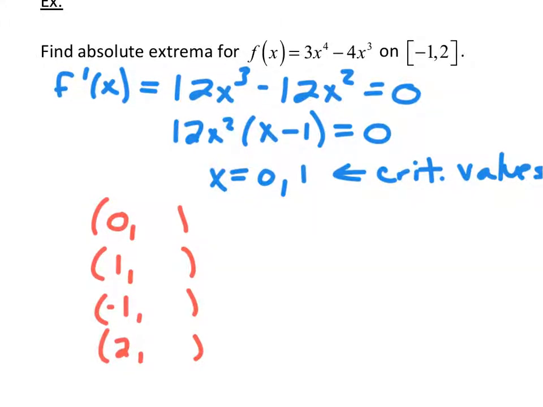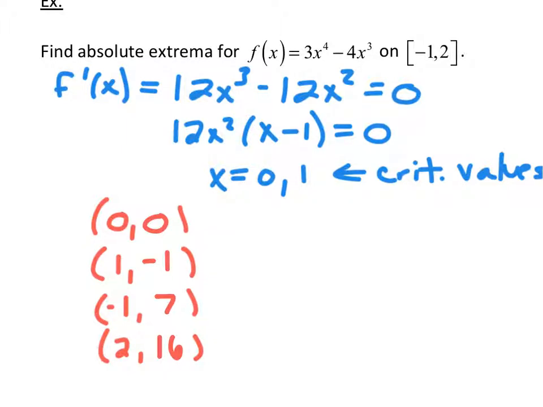Well, if I take 0 and plug that into f of x, I end up with 0 minus 0 is 0. If I take 1 and plug that into f of x, I end up with -1. If I take this x equals -1 and replace that with x in the original function, I end up with the y value of 7, and 2 will go to 16.